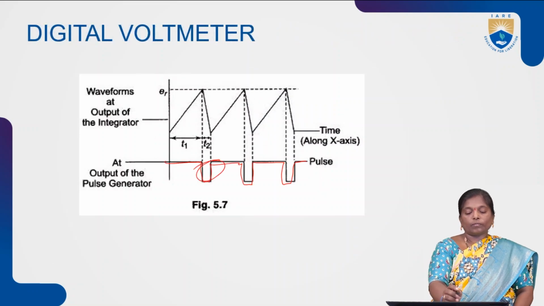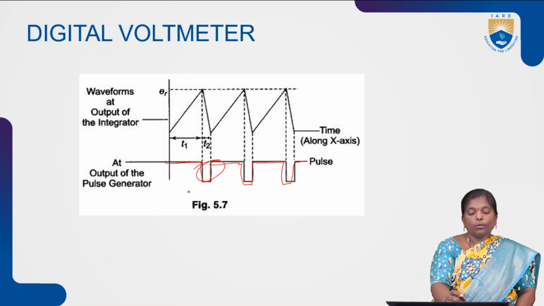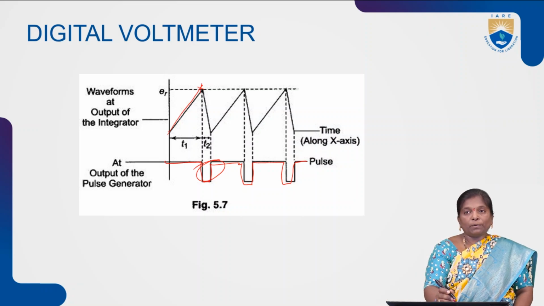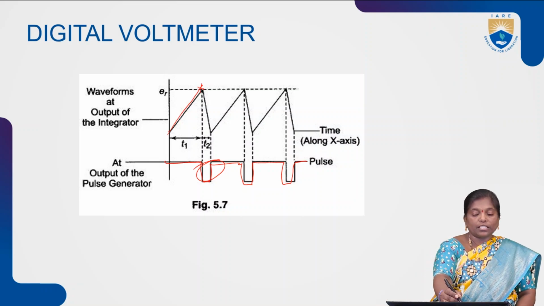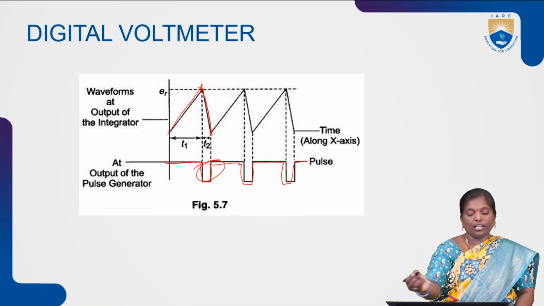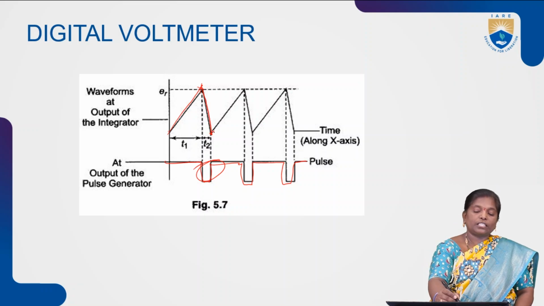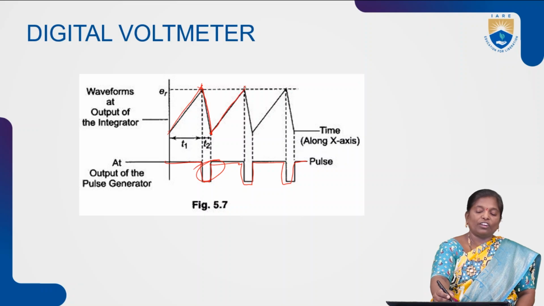See here, initially with the help of the input, the capacitor charges to a maximum or peak value. Whenever we apply a negative pulse, the capacitor starts discharging and reaches a minimum value. Whenever it reaches the minimum value, again with the help of the input signal, the capacitor charges and reaches the peak value.